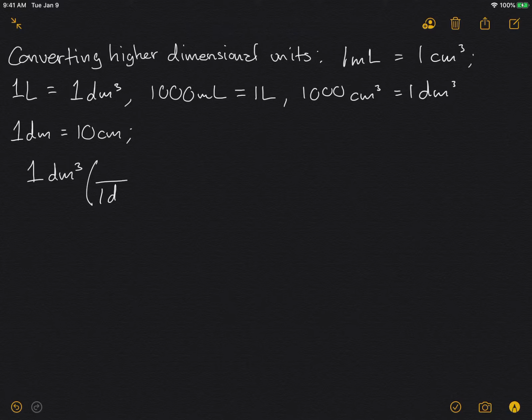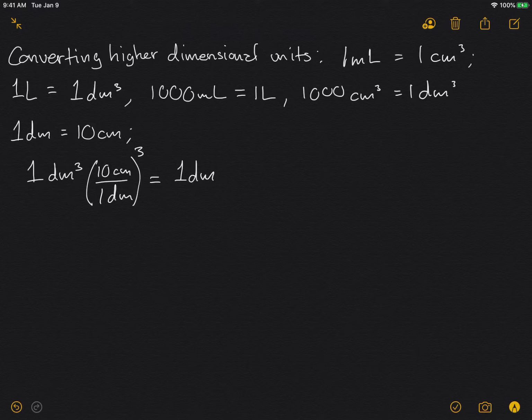So 1 decimeter, we want to cancel out decimeters, we want to end up in centimeters. 1 decimeter is 10 centimeters. And then what we do when we have these cubed units is cube the entire unit conversion factor. And so we're going to cube the numbers and the units. And mathematically, that looks like this.